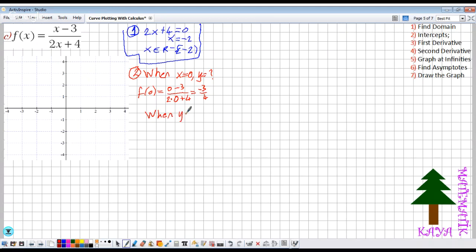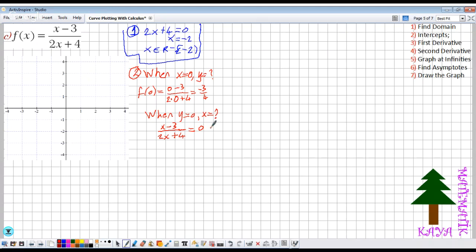Now, what about the x number when y is equal to 0? We equalize the function, x minus 3 over 2x plus 4, to 0. There are several paths you can continue, but I will do it quickly in one step.